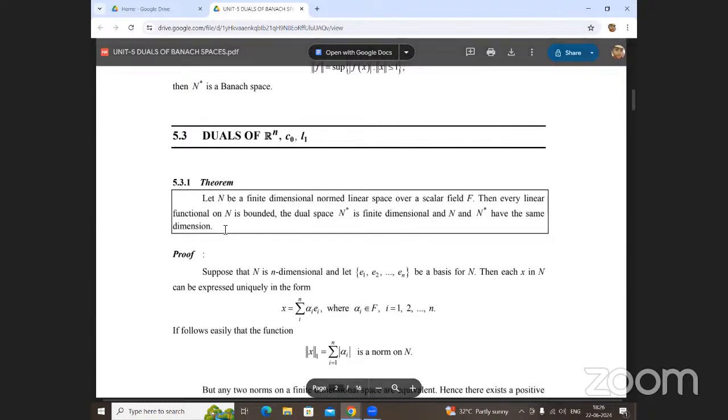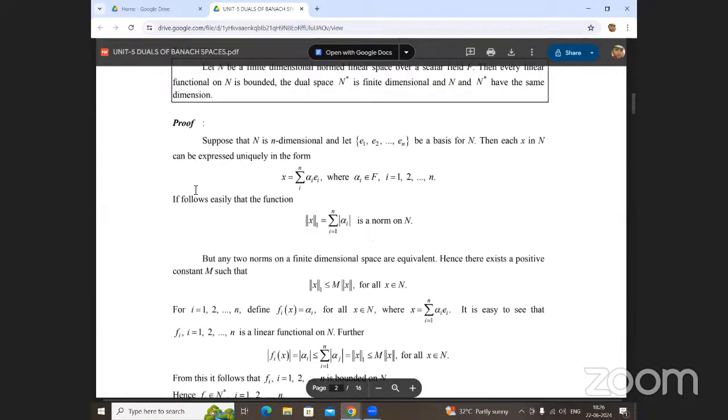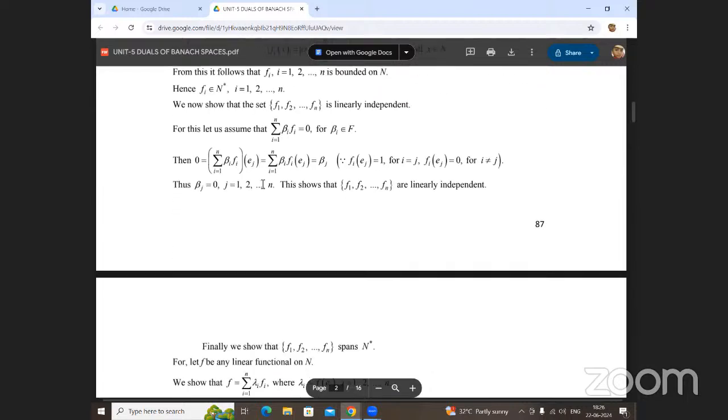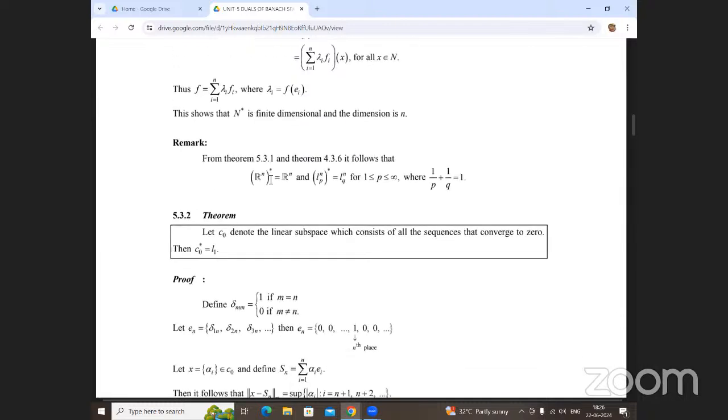So the normed linear space and the conjugate space are both bounded and have the same dimension. 5.3.1 is one of the important theorems in the final examination. Don't skip here. There is no doubt, it is a simple proof. 5.3.1 is very, very important.